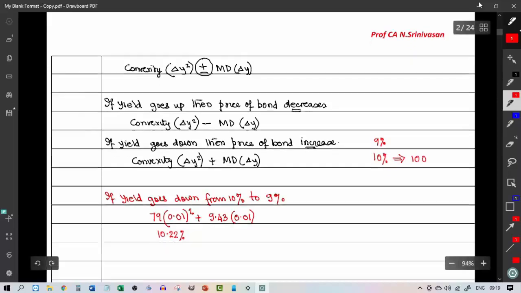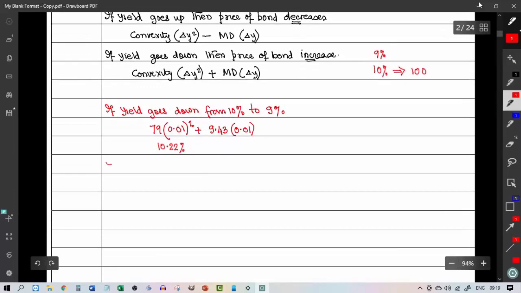And similarly, if yield goes up from 10% to 11%, we can say this will be convexity 79 into 0.01 whole square minus 9.43 into 0.01.